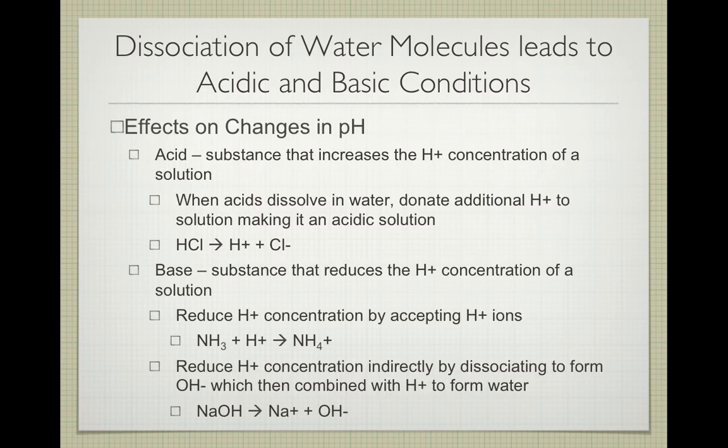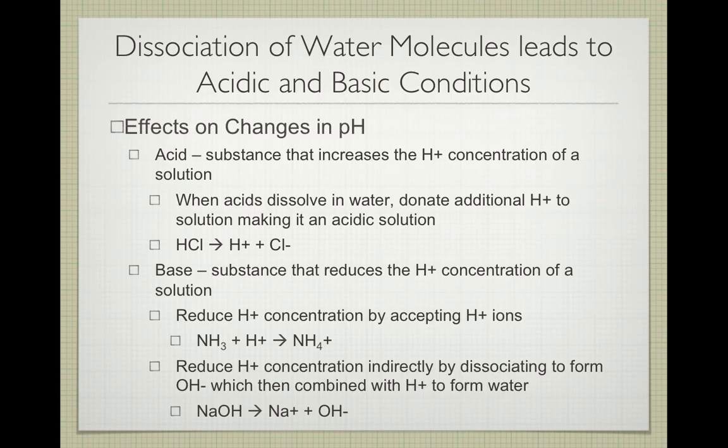So what happens then when I add more H's, more hydrogen ions, or more hydroxides? Your acids are, by definition, a substance that's going to increase the H+ concentration. When we take an acid and dissolve it in water, it's going to dissociate, and as a result add additional H+ to the solution above and beyond what water is already doing in this dynamic equilibrium.